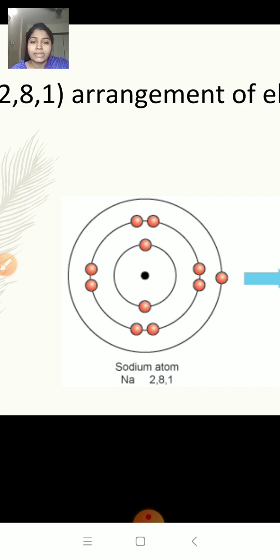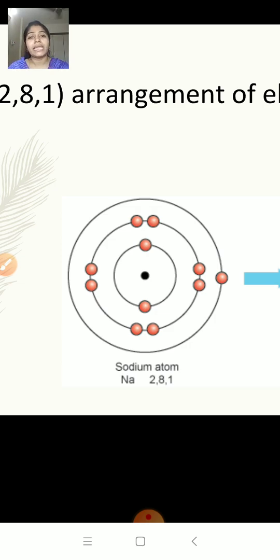Can you see the circular path? The circular path is called a shell or orbit. You can see that the inner shell contains 2 electrons. The orange circle represents an electron. So the inner shell contains 2 electrons. The next shell contains 8 electrons and the outermost shell contains 1 electron.